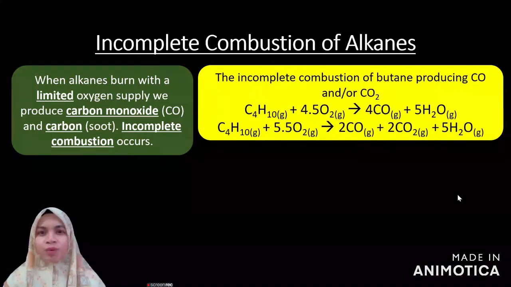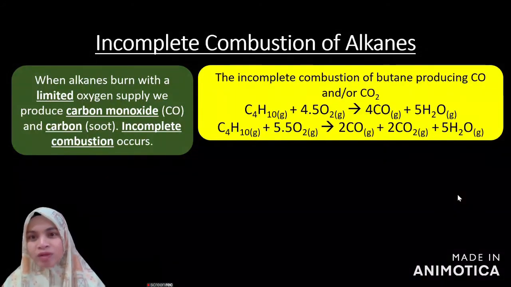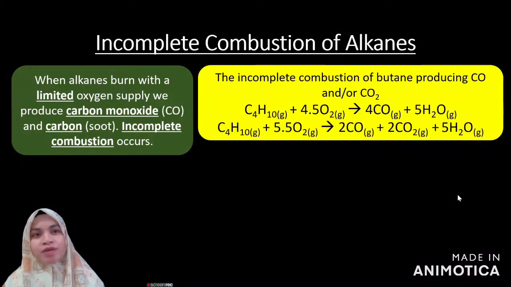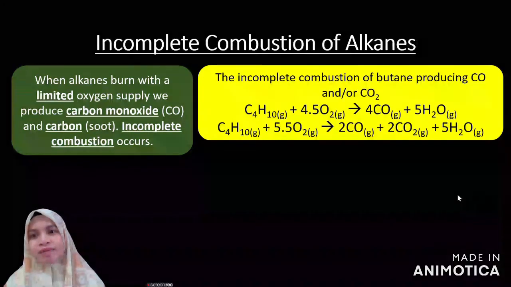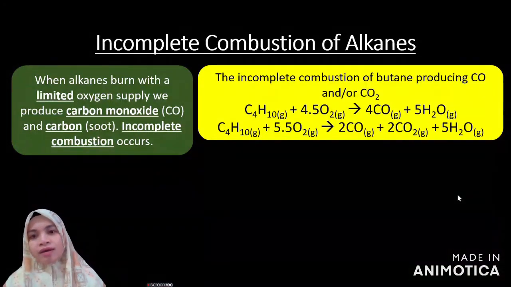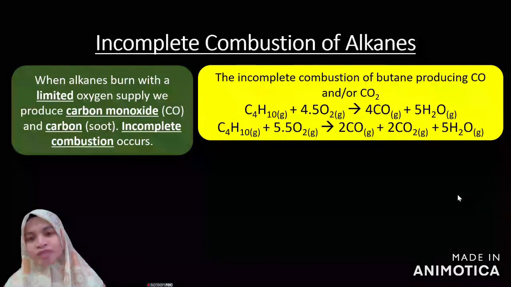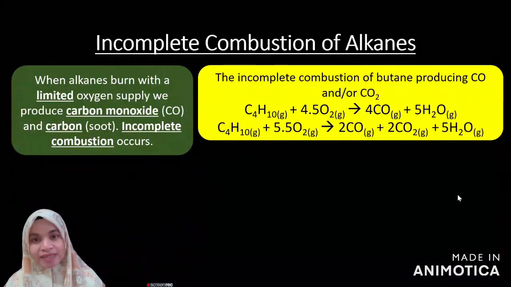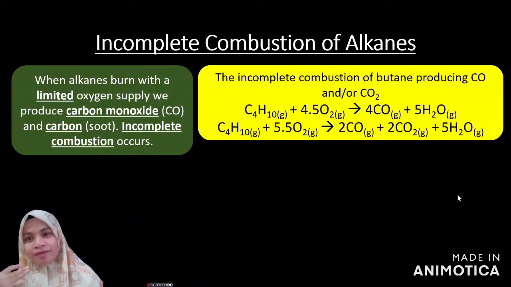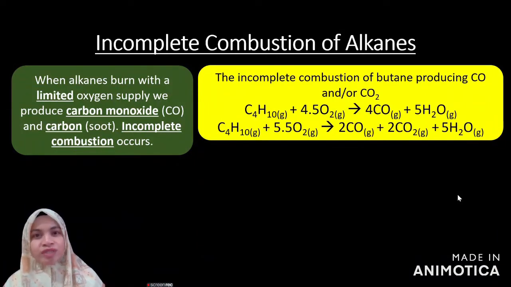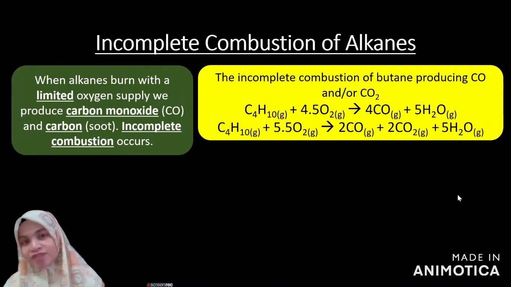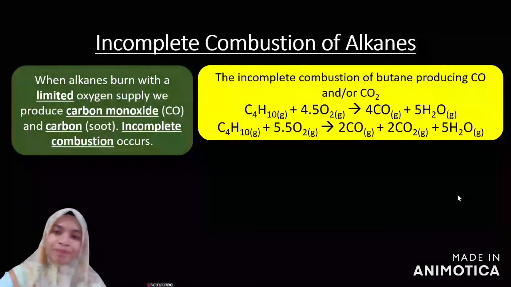These are examples of the incomplete combustion of butane producing carbon monoxide. The second equation is when it produces carbon monoxide and carbon dioxide. So there are several ways to write incomplete combustion of alkanes. Make sure that you read carefully the instruction in the question paper.